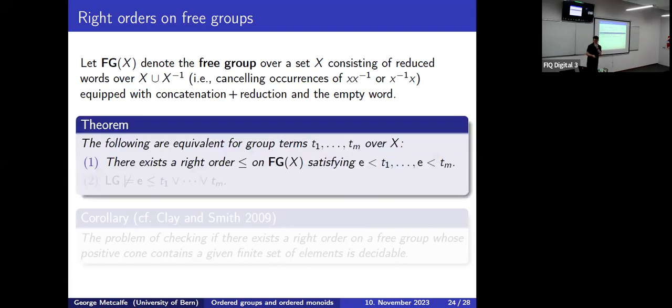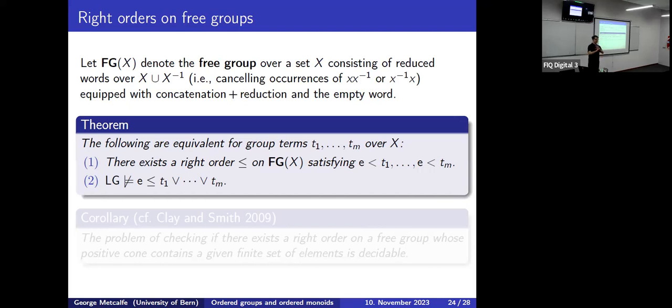And what we've proved is that if you have some group terms, so just built using inverse, variables and the group operation, then there exists a right order on the free group over X, which makes all these terms positive, if and only if a corresponding equation fails in lattice-ordered groups.